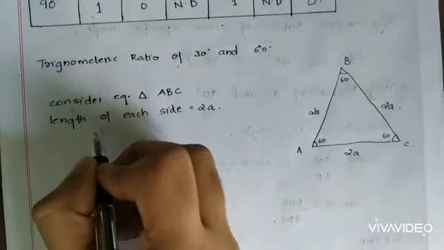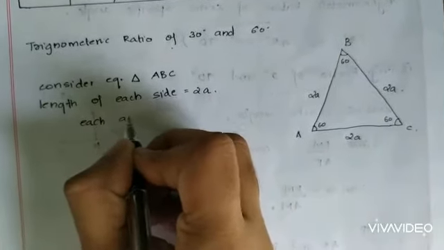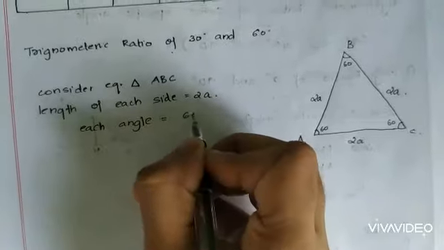And being an equilateral triangle, each angle will be 60 degree.